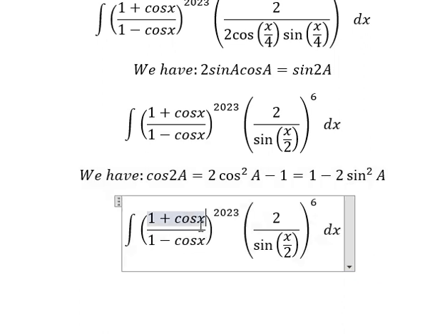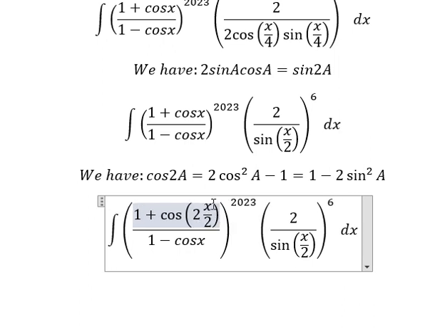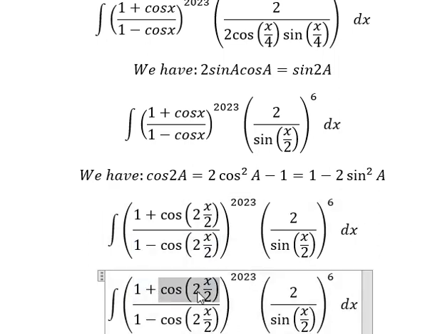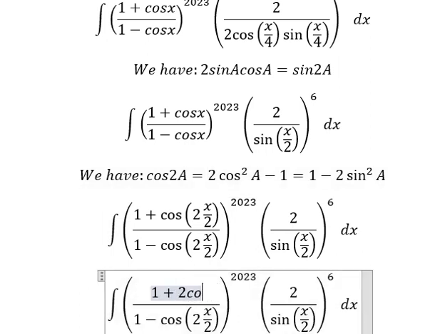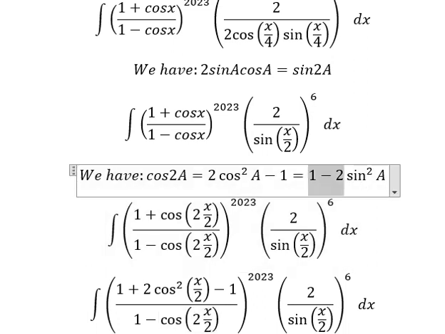We know that cosine x is about 2 multiplied by x over 2, so a is x over 2. So this one we change for this one, and this one we change for this one.